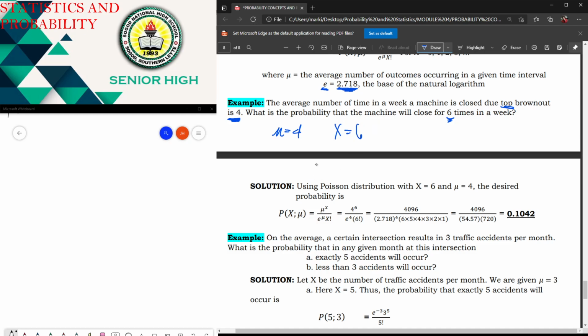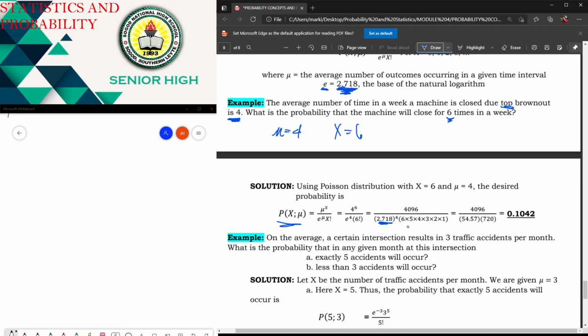By the given of the Poisson distribution, using the formula, we have 4 raised to 6 over e raised to 4 times 6 factorial. So we have 4096. Again, how did we get this? And e is the base of the natural logarithm.